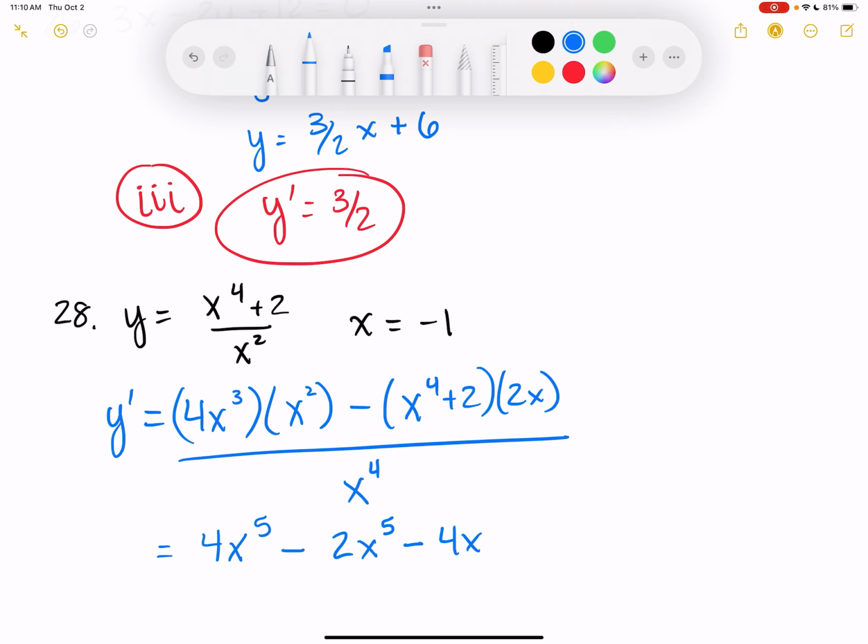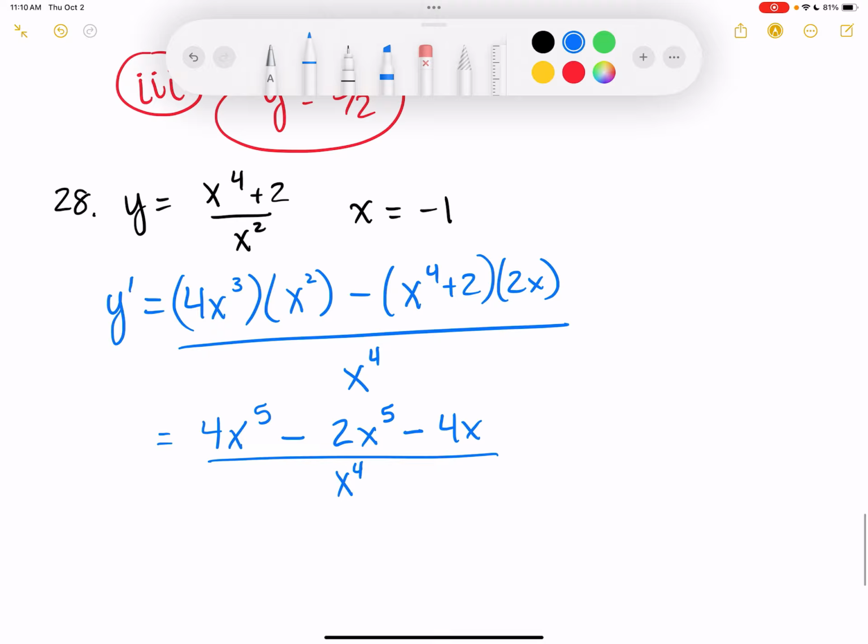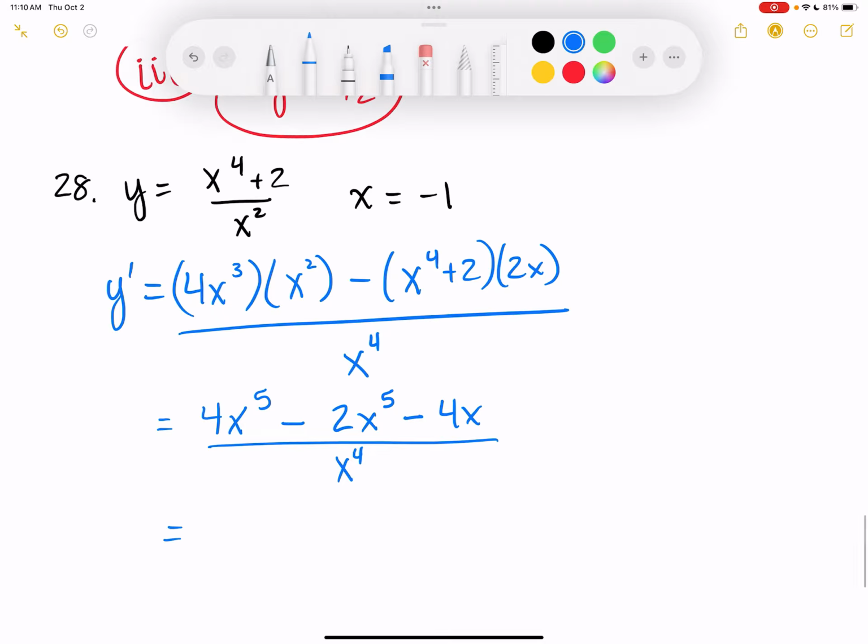I went ahead and did the negative through on both of those things. And then all over x to the 4th. So then to simplify it, I would have 2x to the 5th minus 4x over x to the 4th. Obviously at this point I can take away an x from each of these. So I can make this, basically I'm just changing their exponents on them all.